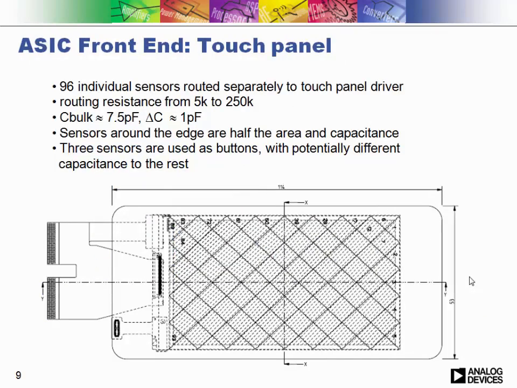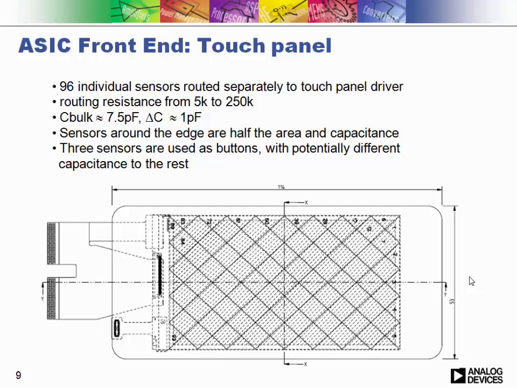There are 96 of those sensors with an offset, what we call bulk capacitance, of 7.5 picofarads and a delta of 1 picofarad when we put the finger down. That is one of the advantages of using self-capacitance: that change is much bigger than when you use mutual capacitance between sensors.